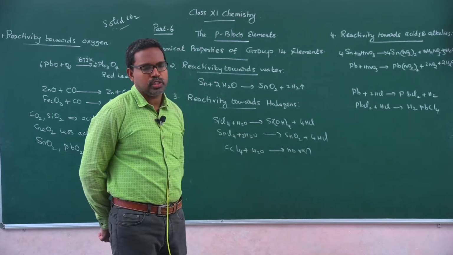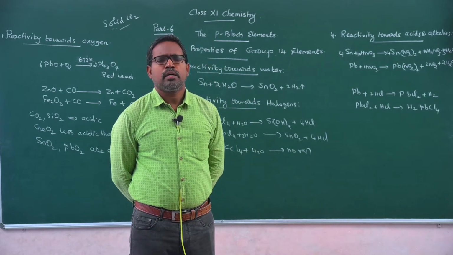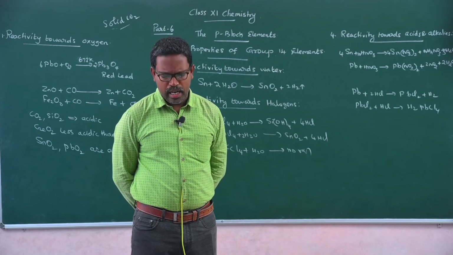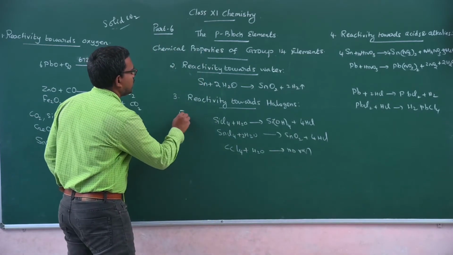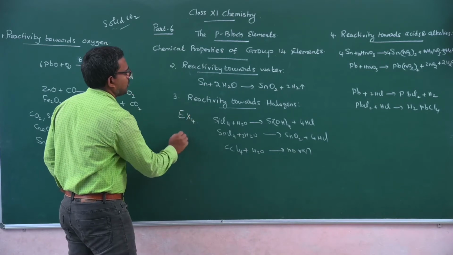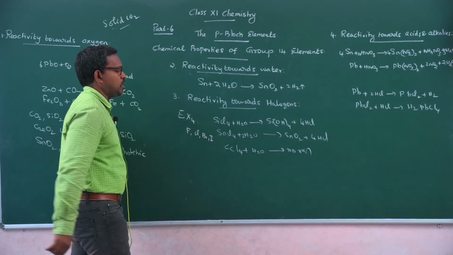All the group 14 elements readily combine with halogens to form halides of general formula EX4. X may be fluorine, chlorine, bromine and iodine.